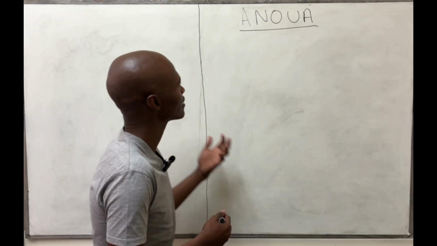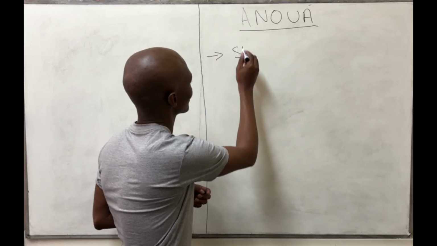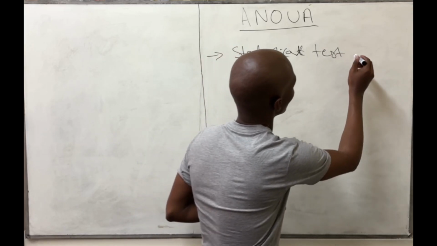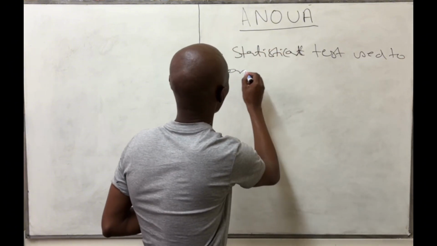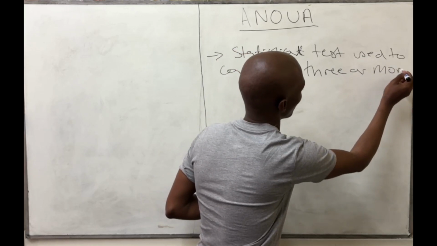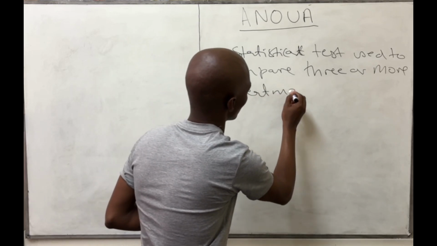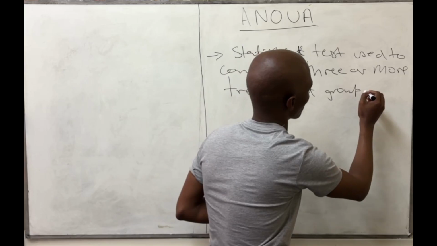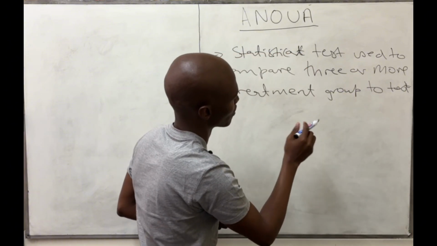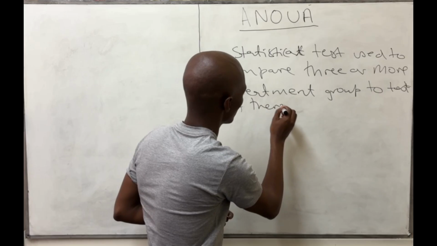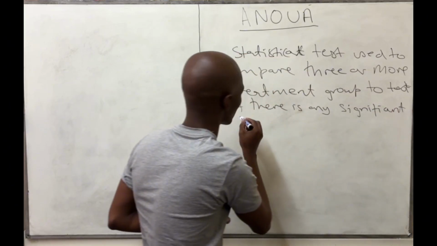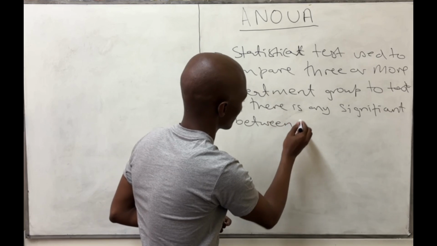In statistical research, we can define analysis of variance as the statistical test used to compare three or more treatment groups to test if there is any significant difference between them.